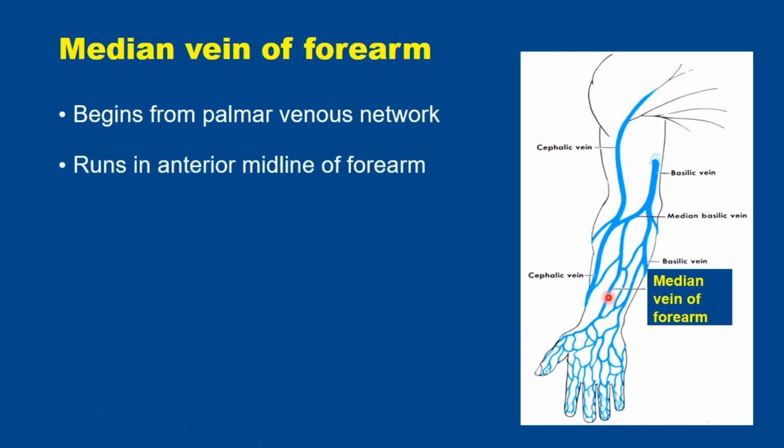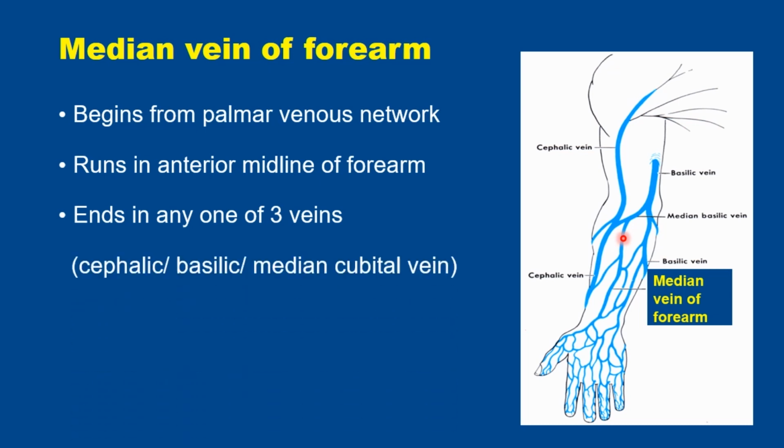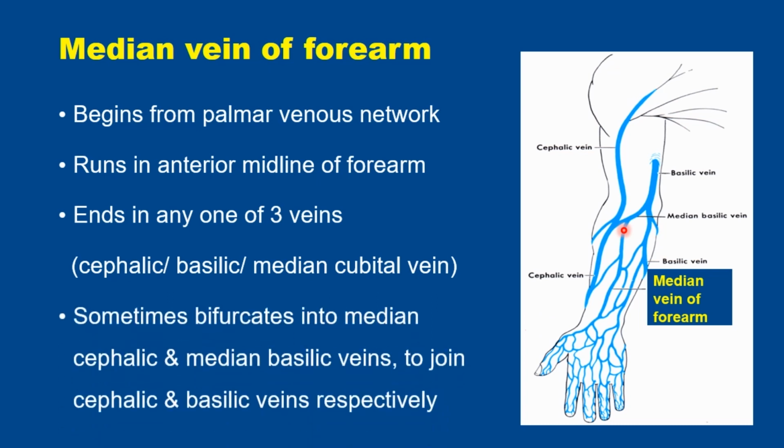It runs in the anterior midline of the forearm and ends in any one of three veins: cephalic, basilic and the medial cubital vein. Sometimes it bifurcates into the median cephalic and median basilic veins to join the cephalic and basilic veins respectively.